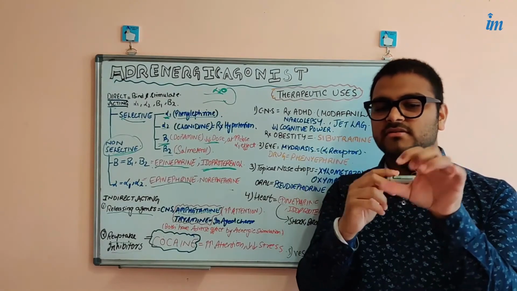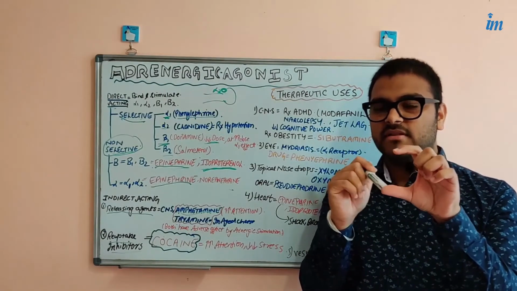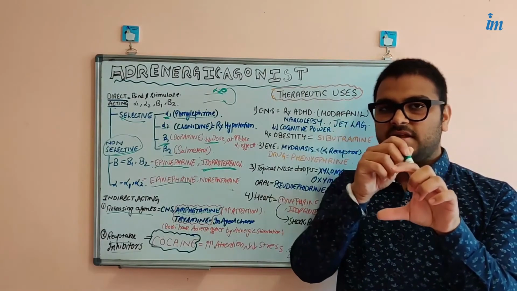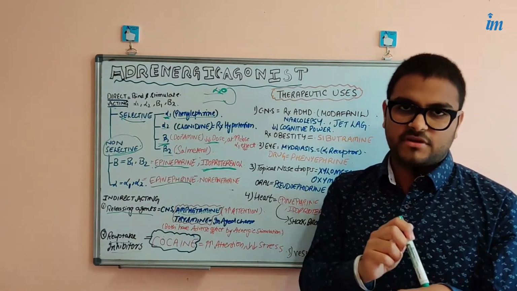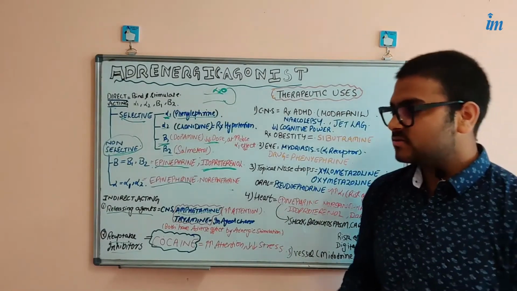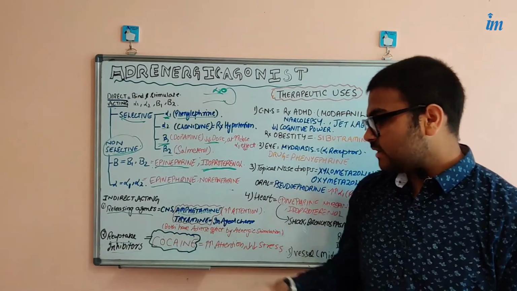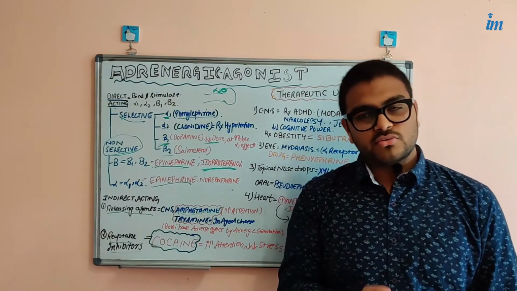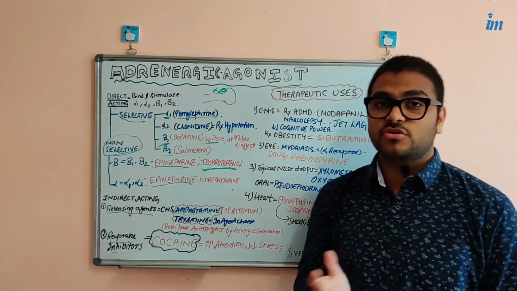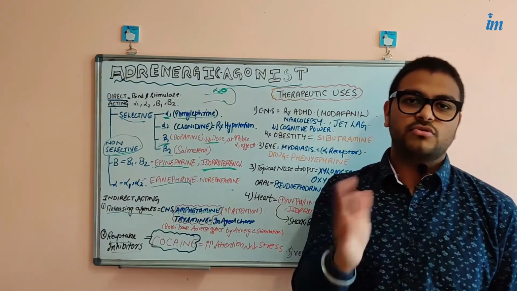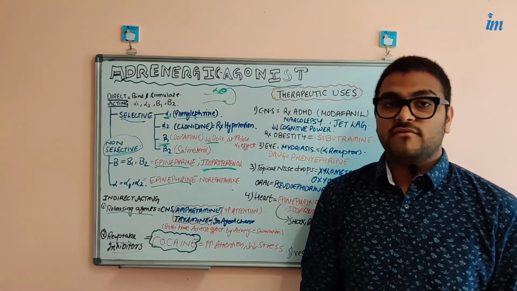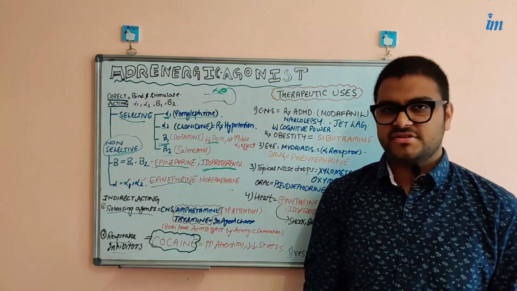So this is the synaptic cleft, this is the presynaptic nerve terminal, and this norepinephrine, this marker, is reuptaken into the presynaptic neuron by a special transporter called NET. So some drugs like cocaine, what do they do? Cocaine blocks that transporter. So blocking that transporter, the norepinephrine is not taken up back into the presynaptic neuron, and thus the level of norepinephrine is indirectly increased in the synaptic cleft.